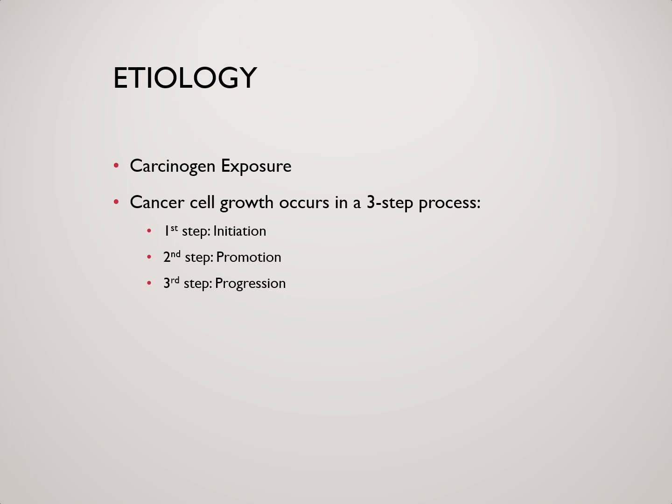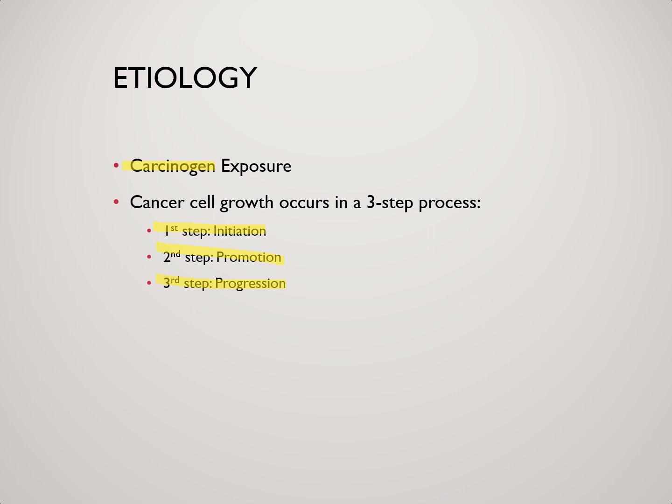This either occurs spontaneously, so without a cause, it just happens, or it can follow exposure to a carcinogen. A carcinogen is a substance or an agent that increases the risk of cancer, such as asbestos or tobacco smoke, making somebody prone to lung cancer. That cellular change, that mutation, primes the cell to become cancerous.